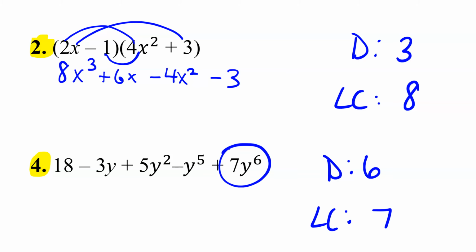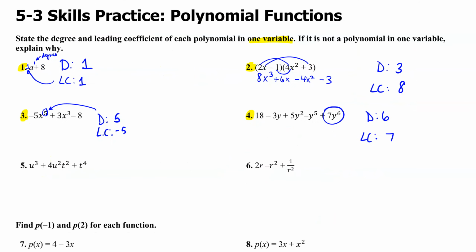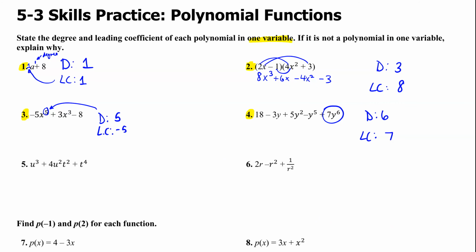So, tricky trick: look for the highest exponent, pick that term, and then its coefficient is the leading coefficient and the exponent is the degree. Okay, these are similar to the first 4 questions of your quiz. They're quick. When I say there's 14 questions total, that's 4 right there, and I just told you what another 4 is.